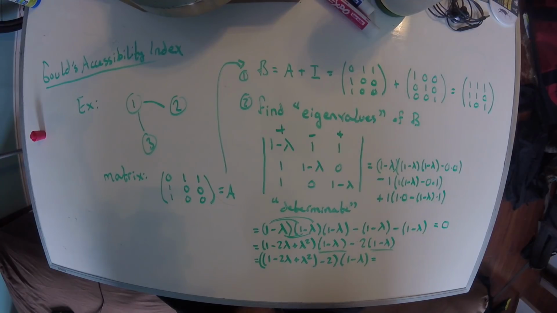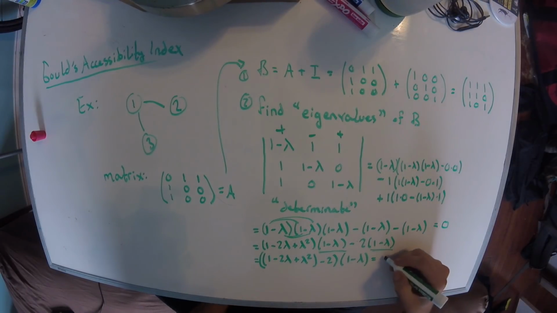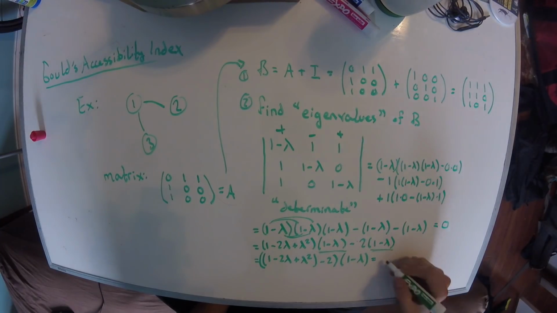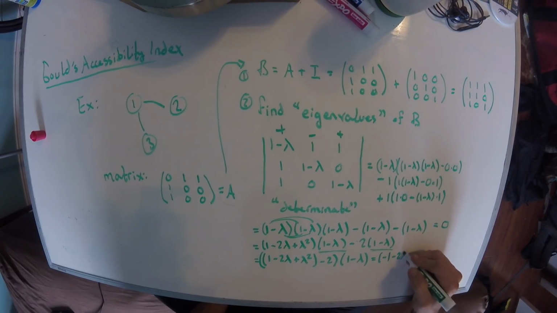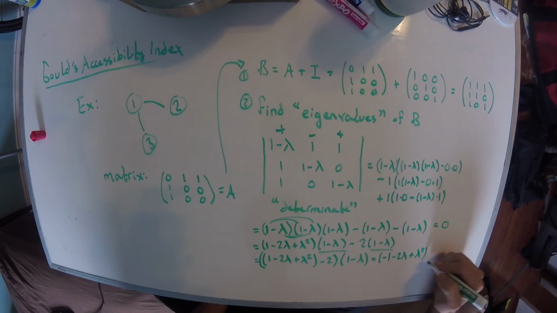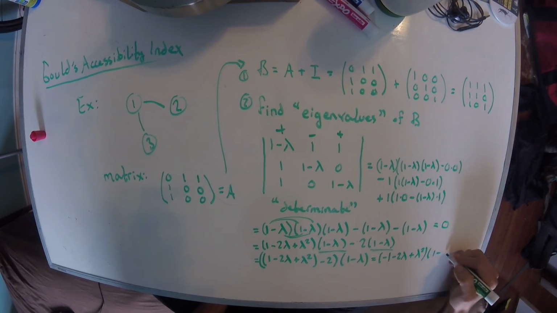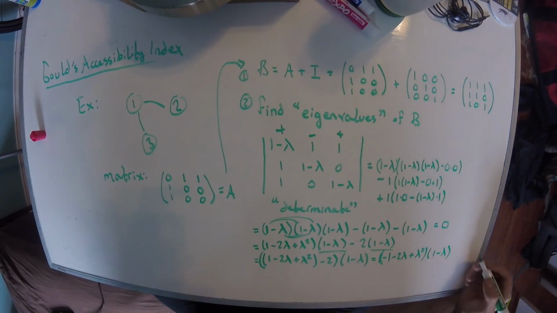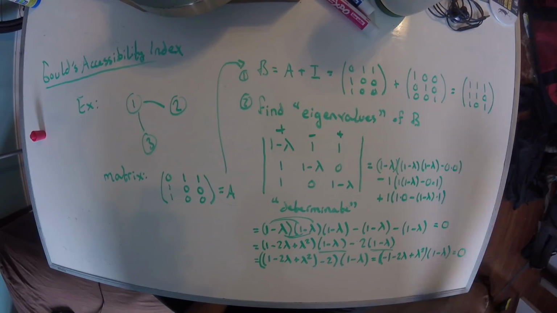And so this is just a term with everything being added or subtracted, and this we're just adding or subtracting another 2. So subtracting this 2 from this 1, this becomes minus 1 minus 2 lambda plus lambda squared times 1 minus lambda. And now this, as before, we must set equal to 0.